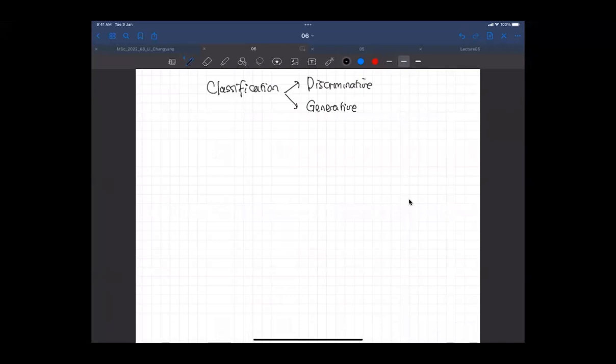What we learned so far is discriminative. The meaning of discriminative is that you have positive and you have negative, and then you discriminate between the two classes. It's quite intuitive.